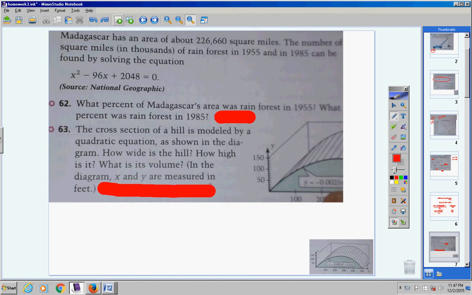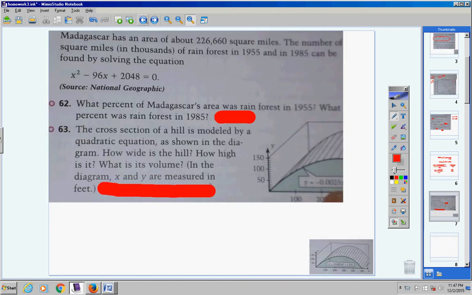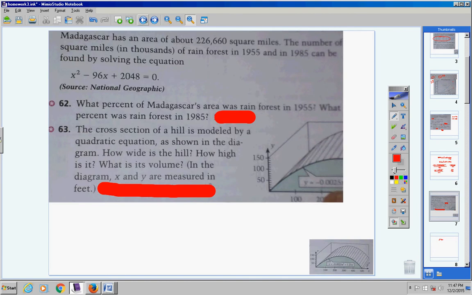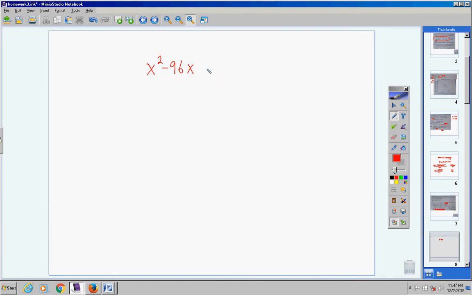Let's get another page here. And x squared minus 96x plus 2048. Let's solve this. Negative b, and b is already negative 96, so negative is a positive 96, plus minus the square root of b squared.